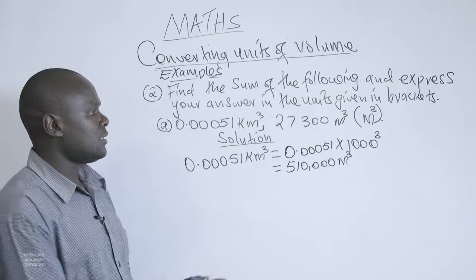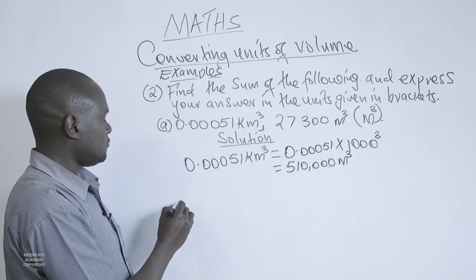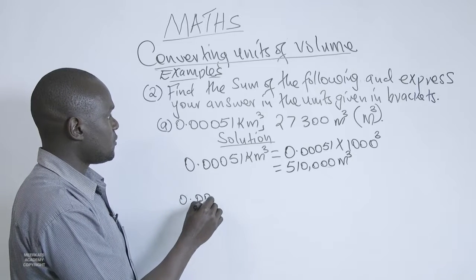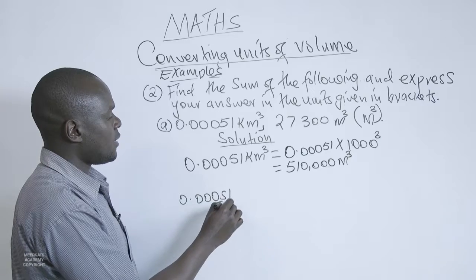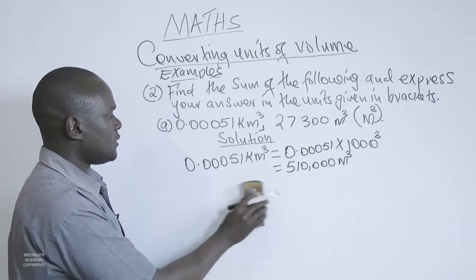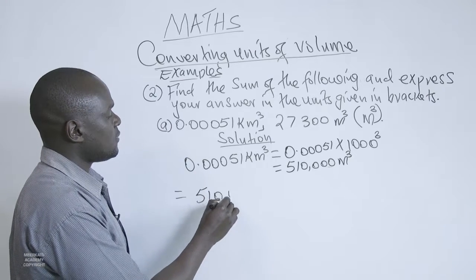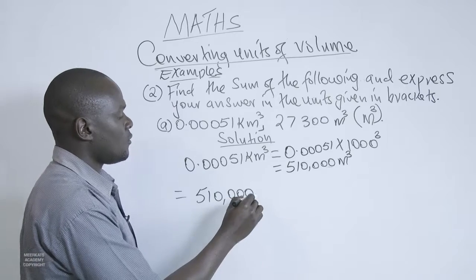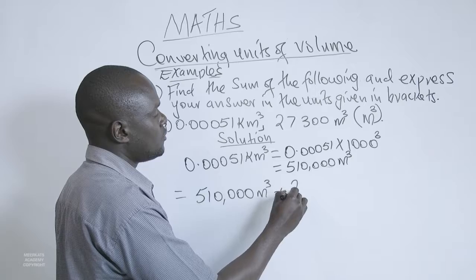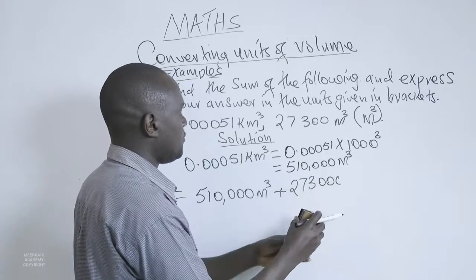Having converted that, we now move on and add this figure to this. So 510,000 cubic meters, we now add on to 27,300 cubic meters.